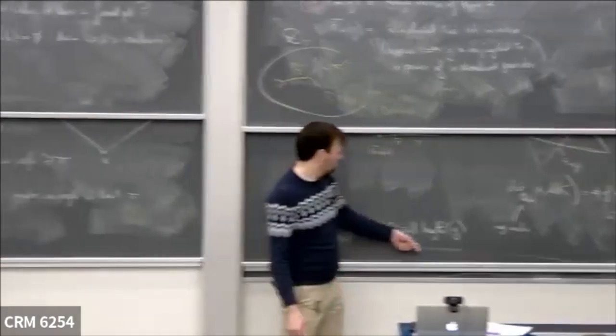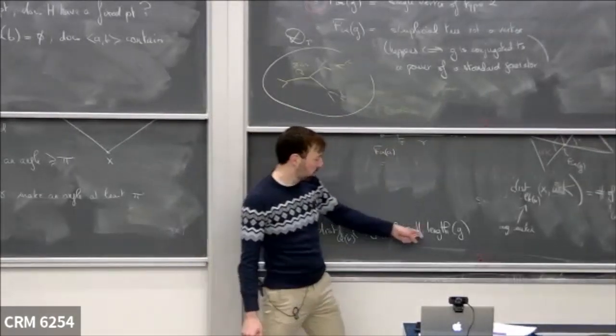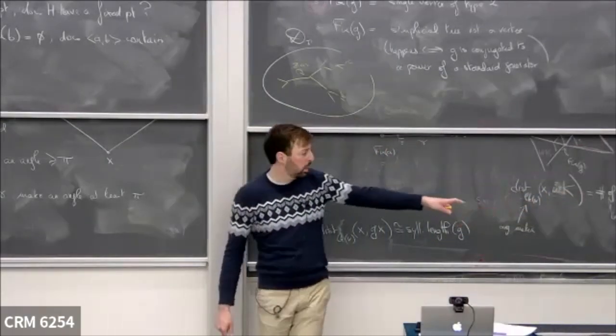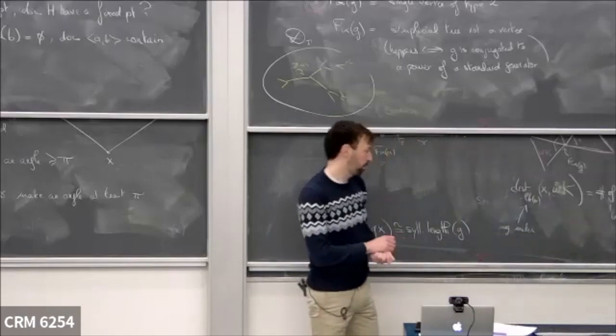So this reduces the question of measuring the angles to something a bit more combinatorial, understanding how to write elements of the dihedral Artin group in such a form.